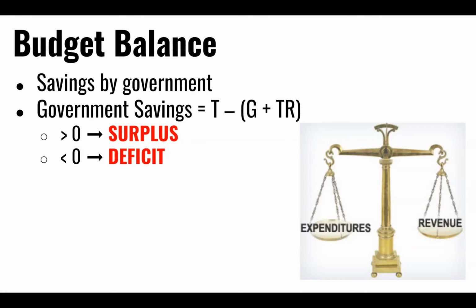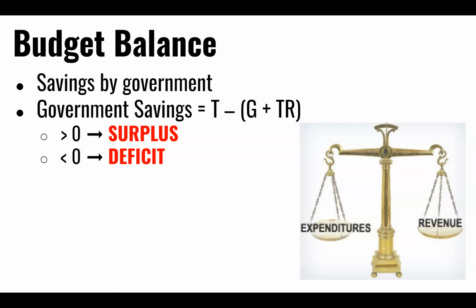If you have more money coming in than going out, you have positive savings. We call that a budget surplus. If you have more going out than coming in, you have a negative government savings rate, and we refer to that as a deficit.